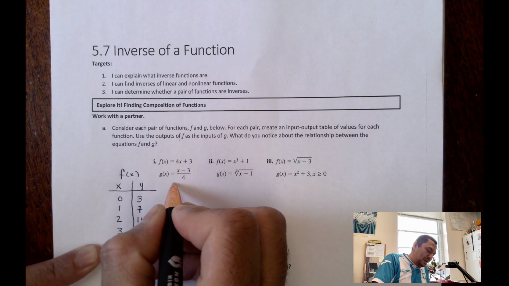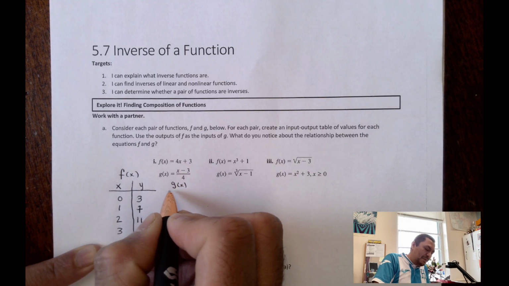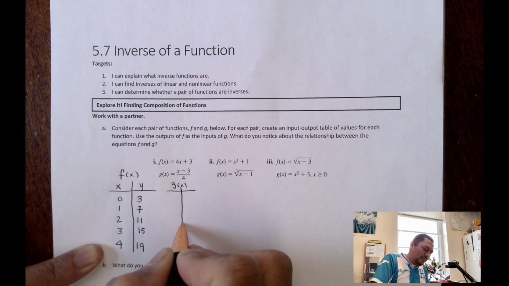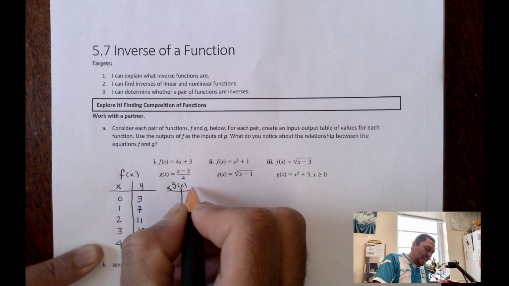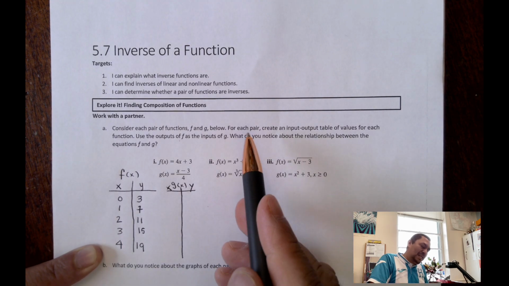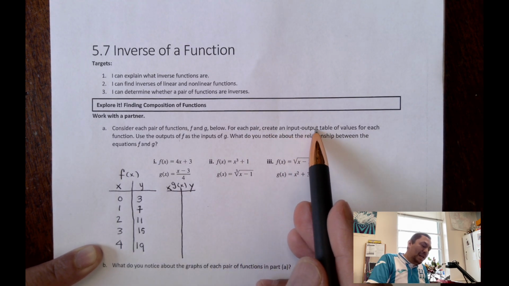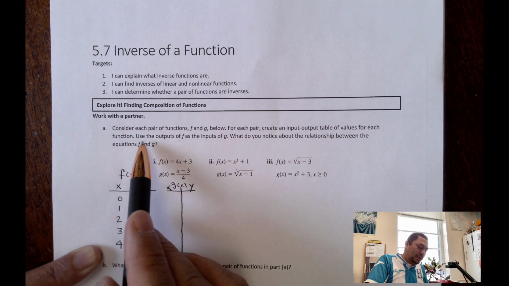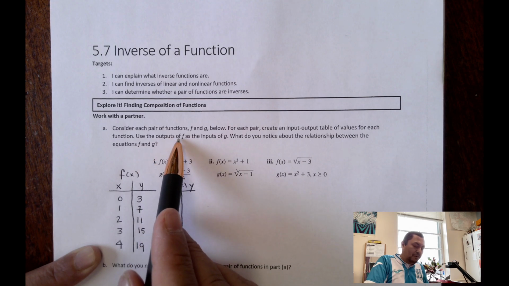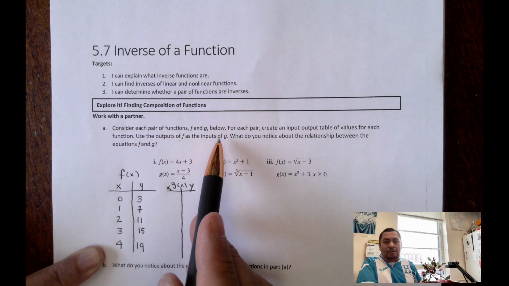Now I'm going to create my g of x table. Remember that the instruction says to create an input-output table of values for each function. Use the outputs of f as the inputs of g.